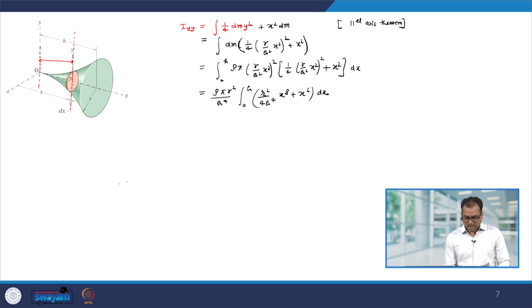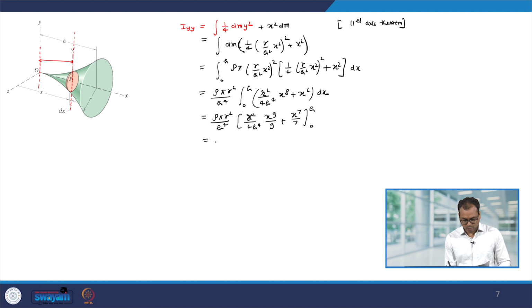And this is equal to rho pi r square over h to the power 4, r square over 4 h to the power 4, x to the power 9 divided by 9 plus x to the power 7 divided by 7, and we have to put the limit from 0 to h.